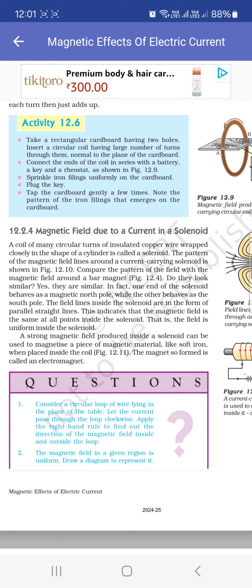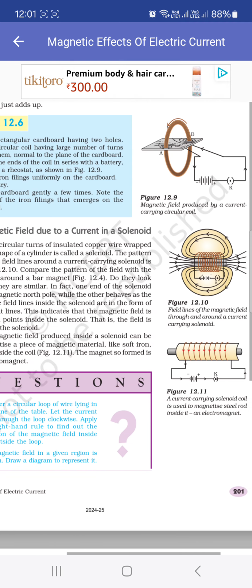The pattern of the magnetic field lines around the current carrying solenoid is shown in figure 12.10.